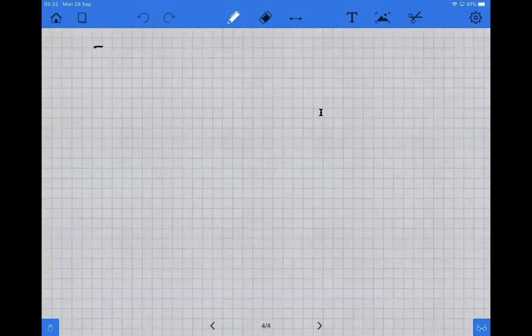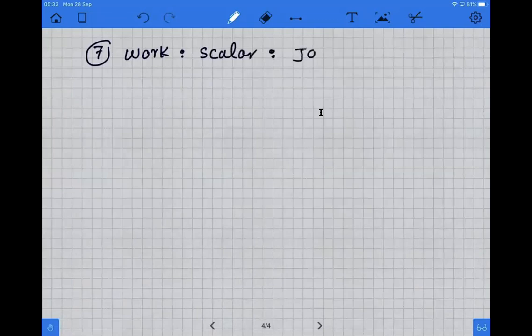Number 7 that we have to cover is work. Now work is a scalar. The unit of work that we find is joule, and the base unit of work will be, work is equal to force into distance, MA into distance.